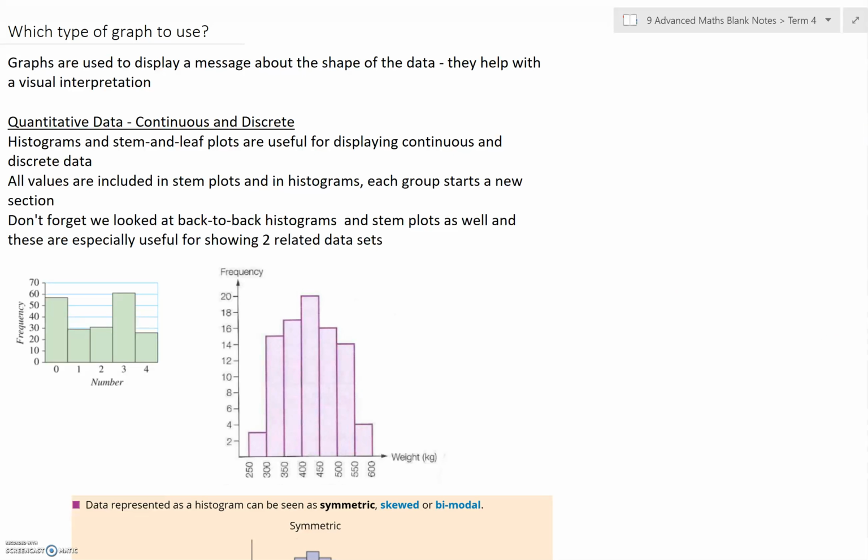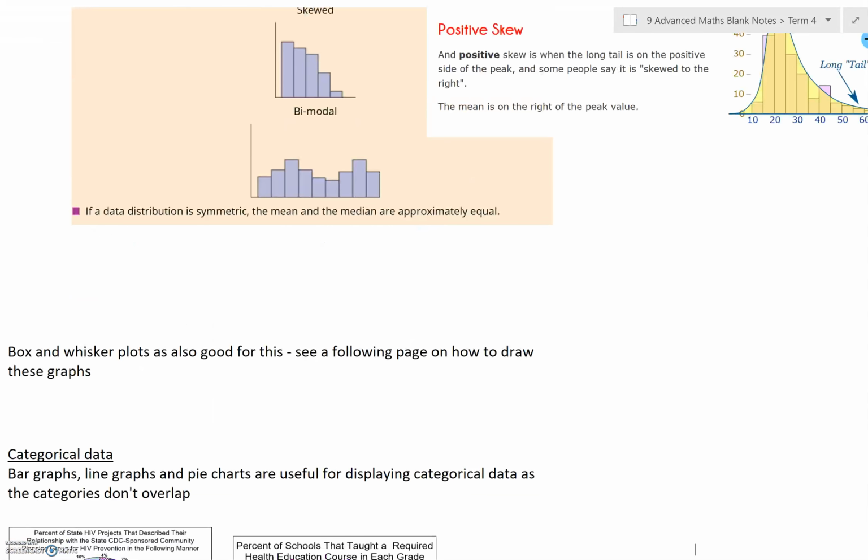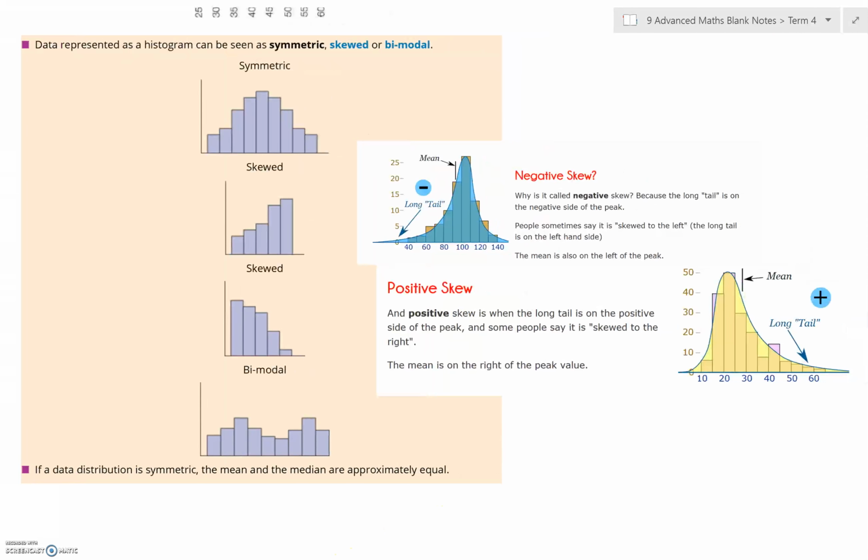On that note, I wanted to look at the type of distribution you might get after you plot a stem and leaf plot or a histogram. Just to remind you what the names of those are, we'll talk about histograms for all of these.